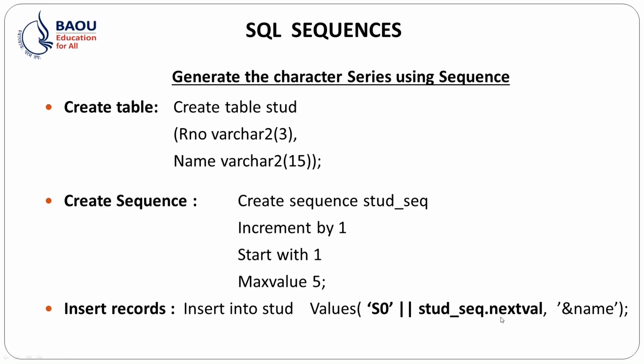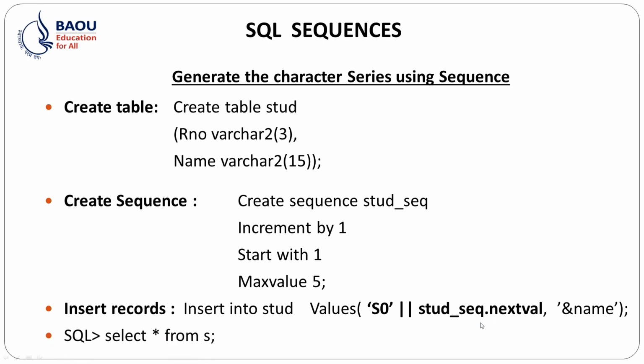Always remember, a sequence always generates a numeric value, but if we want a character value in a table column, then you can write this type of insert command. The character in single quotation, then pipeline, and then the sequence generates the numeric value 1, 2, 3.